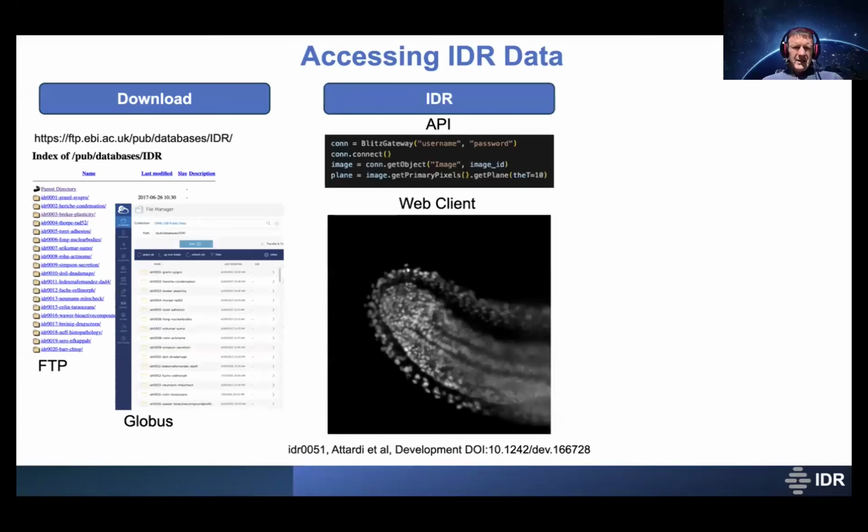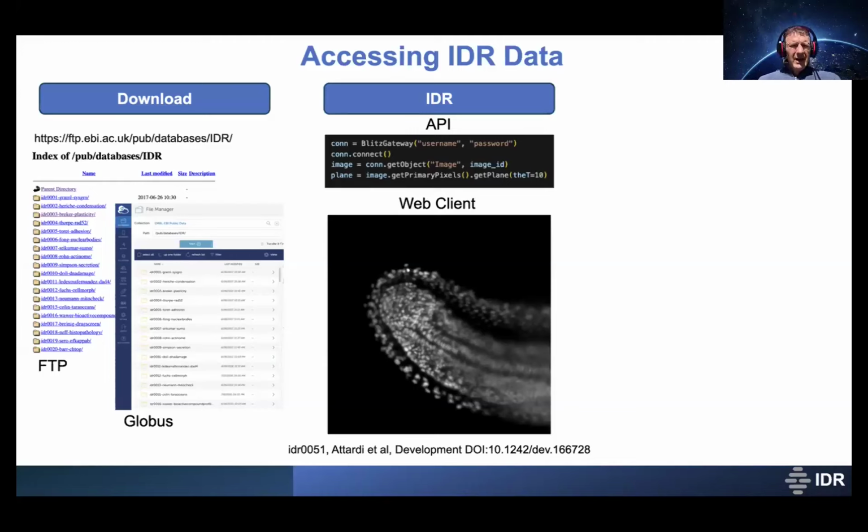You can use the API. Using the API is very convenient when you don't want to have all the data, because as soon as you download a file, you will need a reader to read that file. That might not be the case when you do analysis. You might not have, for example, Bio-Formats installed on the machine or on the cluster node to read the data, or you might have only Python and no Java accessible, and the Python library doesn't offer that.